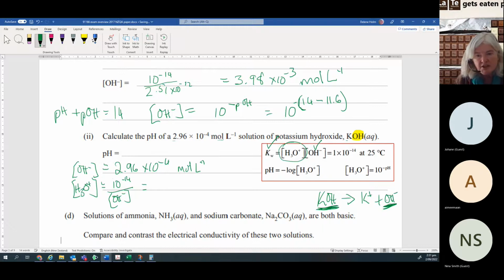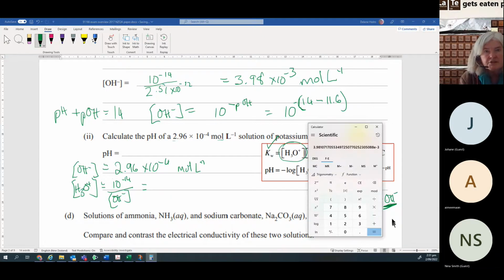So if I get my calculator back up again, I'm just going to clear that. It's going to be 1 exponential 14 negative divided by 2.96 exponential 4 negative equals. So can you see we've got 3.378, blah blah, times 10 to the negative 11.